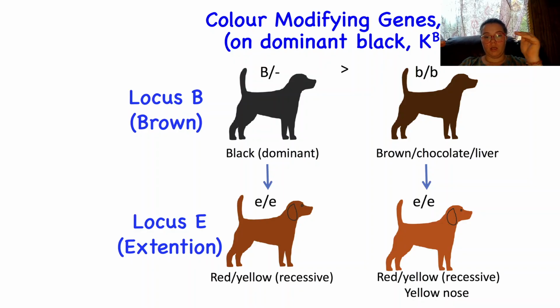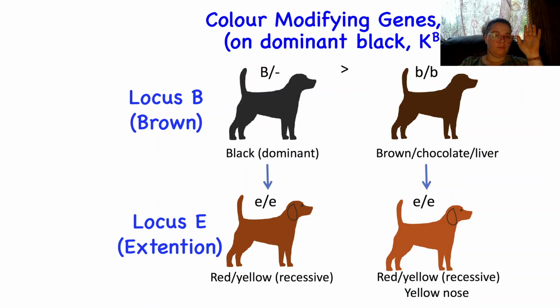It doesn't change the dark. How am I supposed to put this? Your locus B, your main color gene, is not affected per se by your extension.